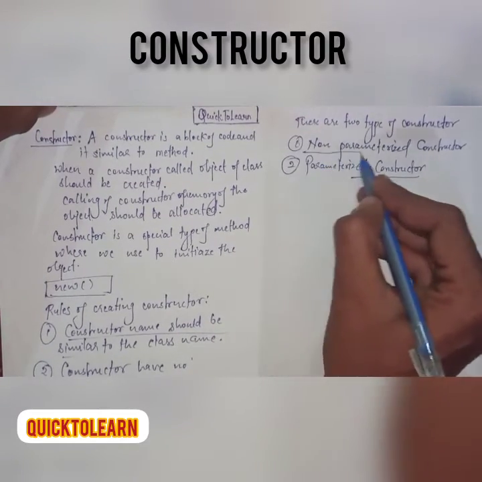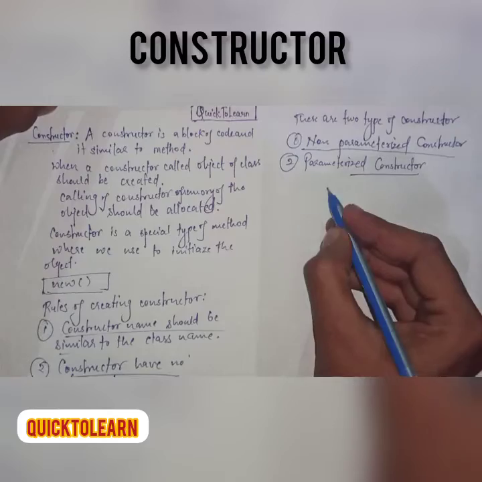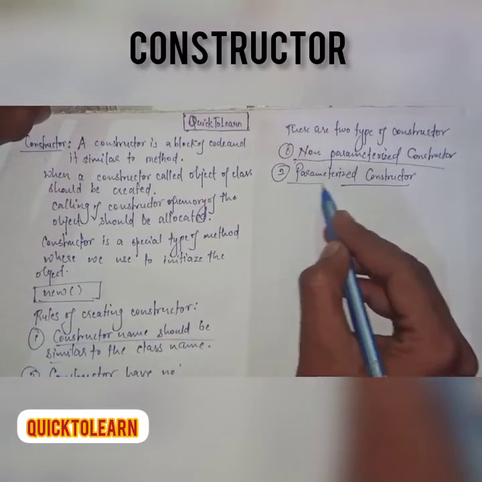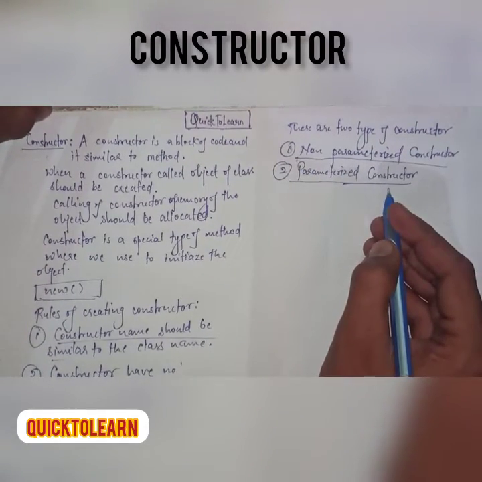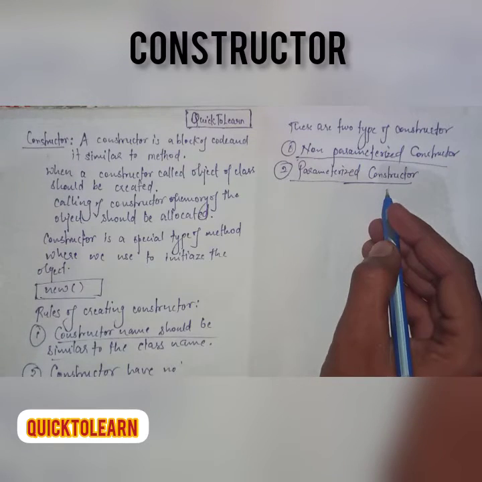The non-parameterized constructor has no parameter, and the parameterized constructor has parameters like int id, String name.